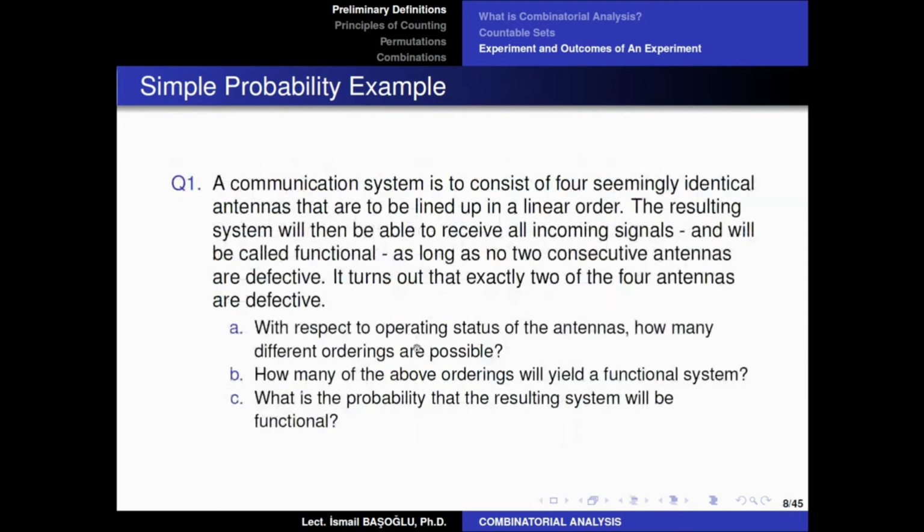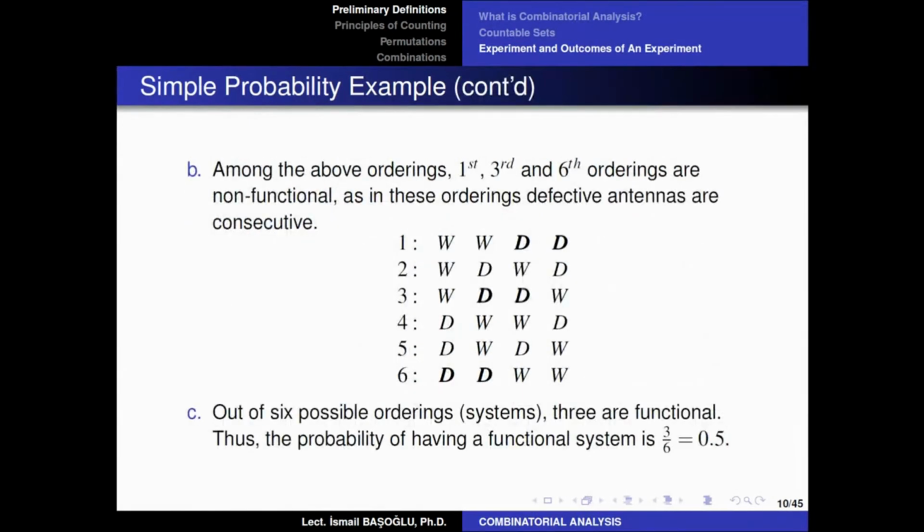Finally, the last part of this question asks us for the probability that the resulting system will be functional. So what is the probability that the resulting system will be functional, it asks. Now, in order to answer this question, we can just build a simple logic.